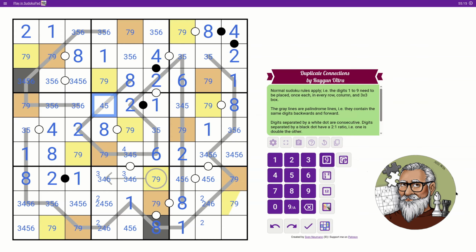And this would have to be a 6, which is there. None of those are a 6 anymore. Neither is this one or that. If this one isn't a 6, then that one isn't either. Okay.